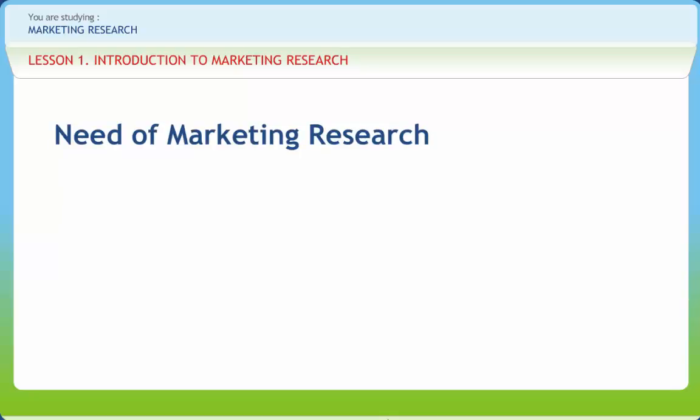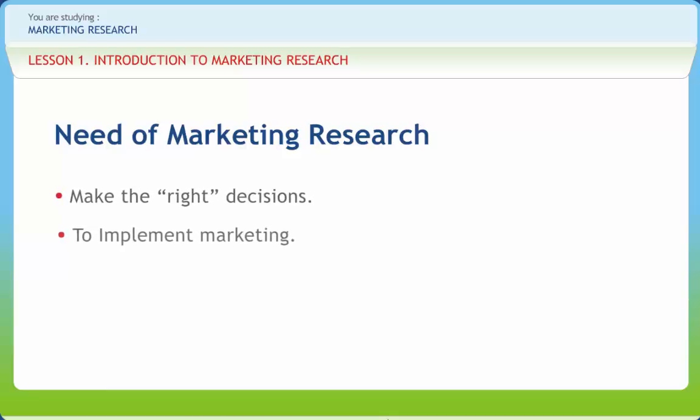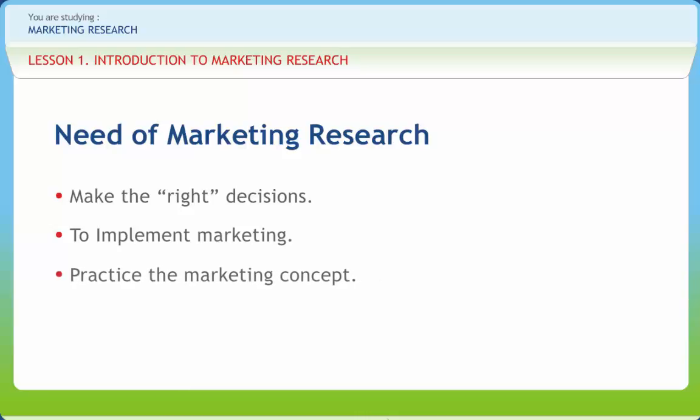In the present scenario, whenever a decision is to be made, marketing research becomes necessary in the corporate world. Marketing research is essential because it helps to make the right decisions and to implement the marketing concept.